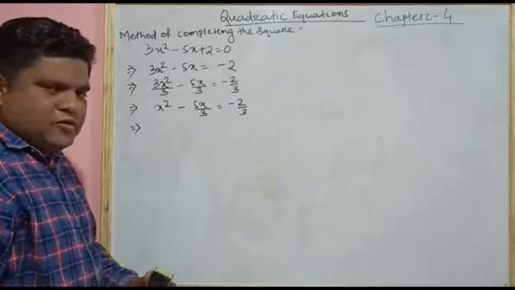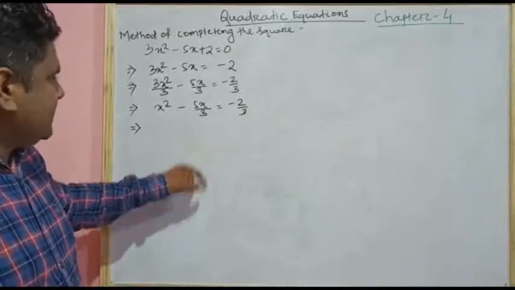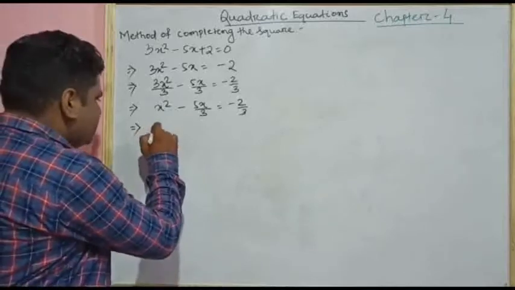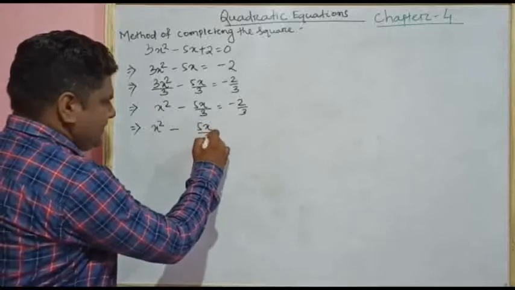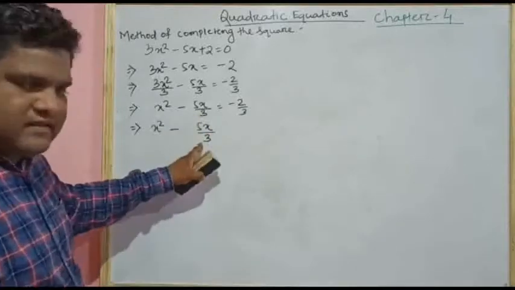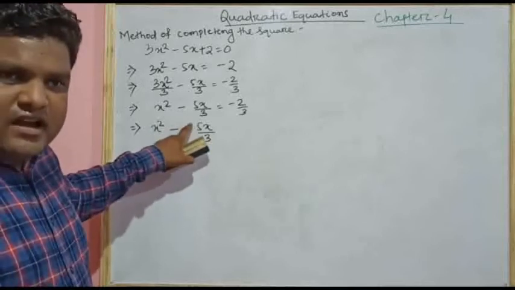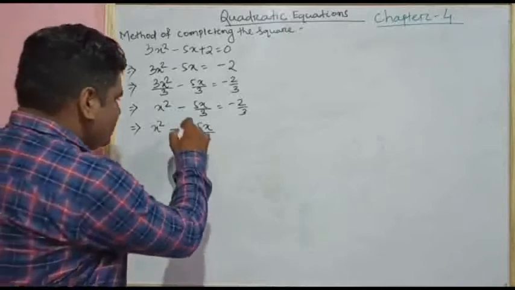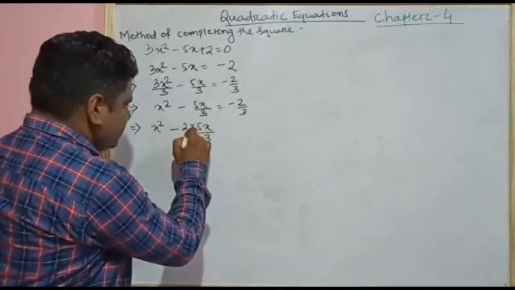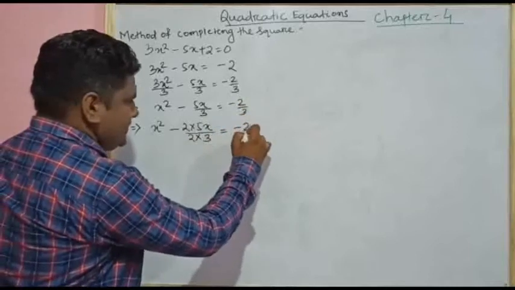Next step is, we will take the middle term only for the next two steps. That will be x square minus 5x by 3. So let's multiply 2 in the numerator and 2 with the denominator. It will be 2 into this much by 2 into this much.